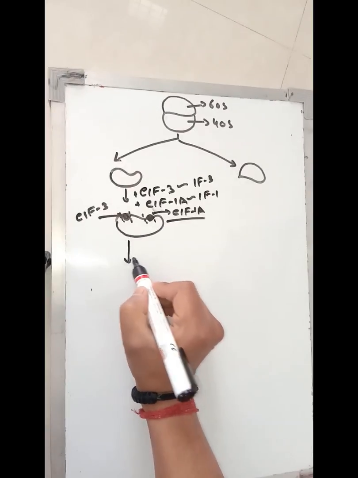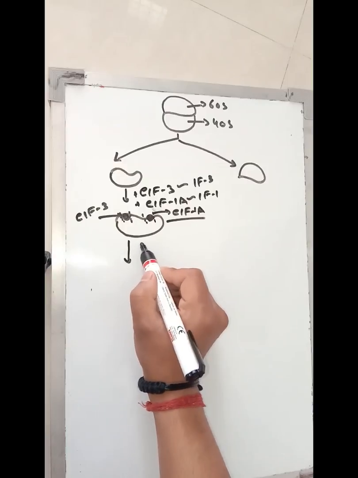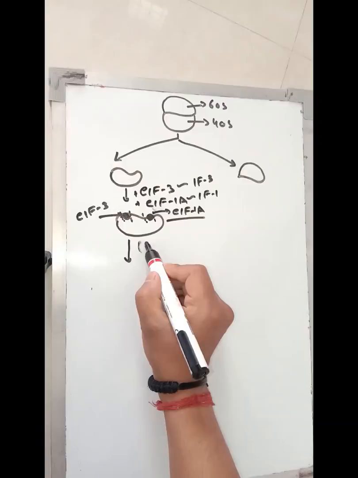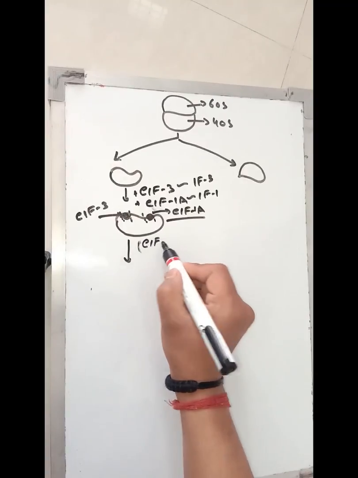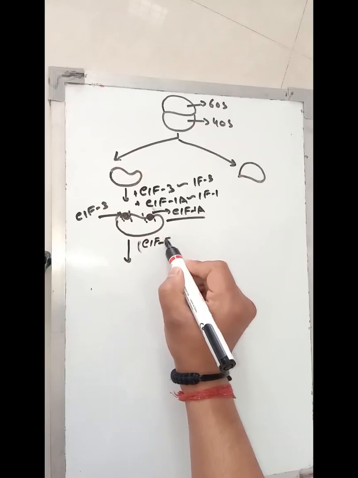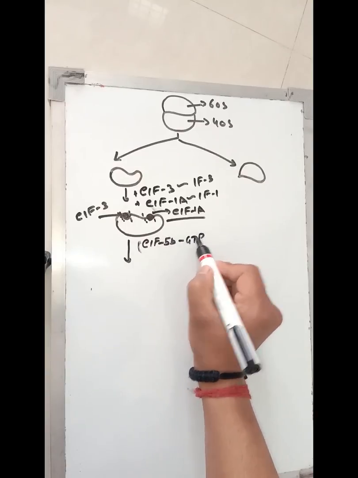Now next is the binding of EIF5B, which is linked with GTP.